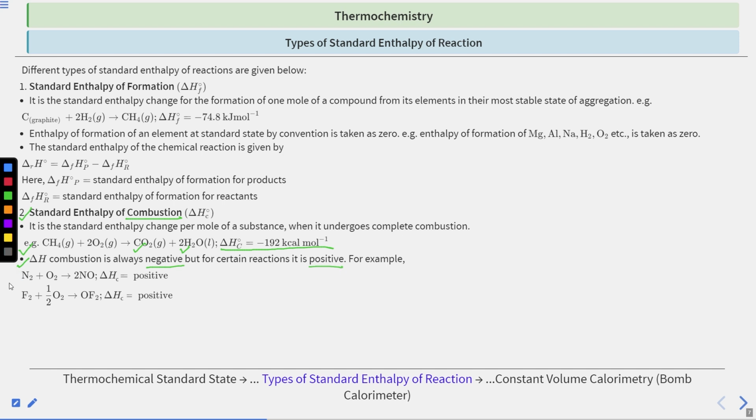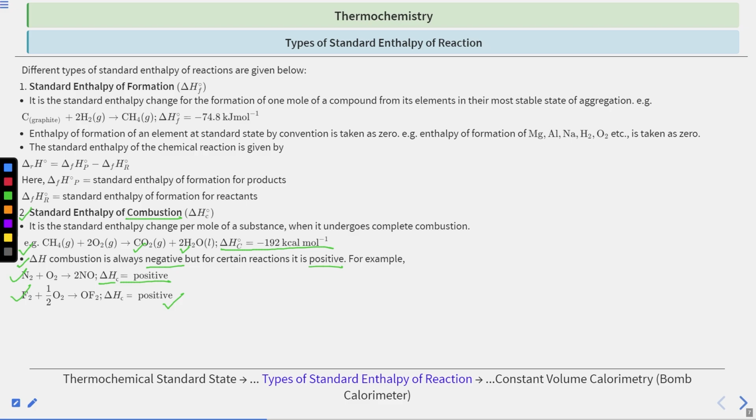For example, these two reactions are given: N2 plus oxygen will give you 2 molecules of nitric oxide. Here the enthalpy of combustion will be positive, and F2 plus half of O2 will give you OF2. Their enthalpy of combustion will also be positive.